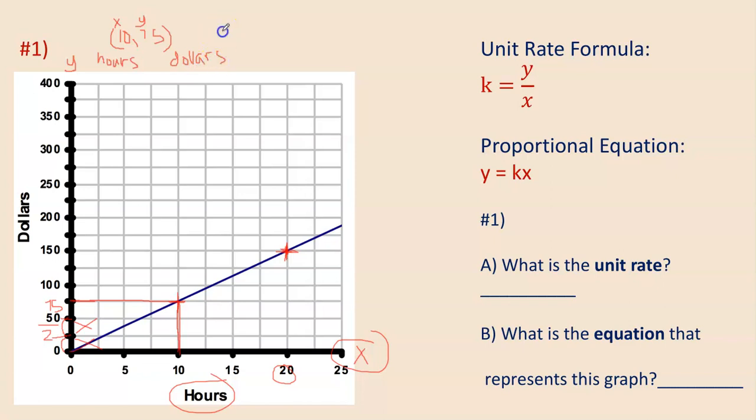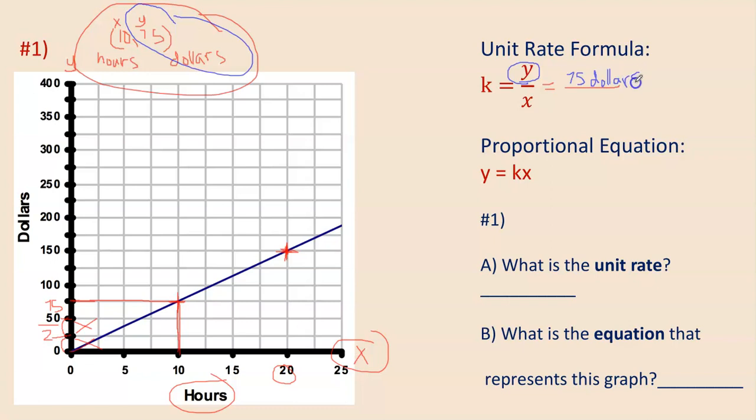$75. And now that I've labeled my coordinate, I go over here and I fill in the unit rate formula. Let me grab another color for this. So the y value I'm going to fill in first. The y is in the numerator, and the y is $75.